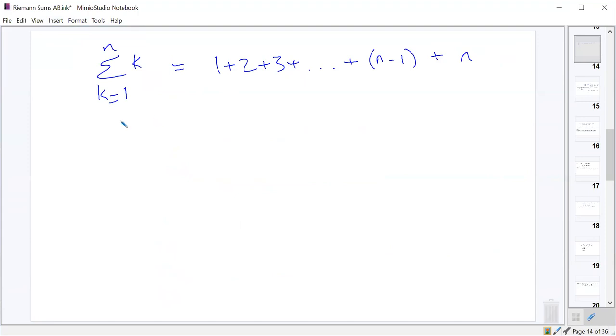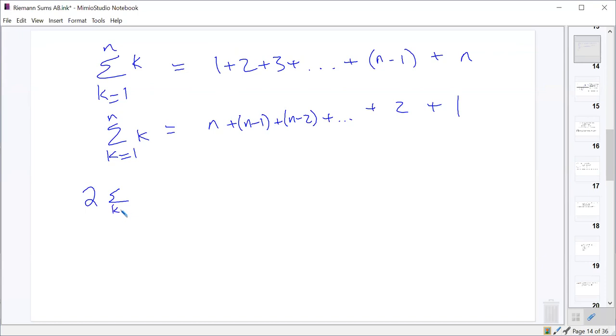We'd say that this summation could also be equal to n plus n minus 1 plus n minus 2 plus all the way down to 2 plus 1. And when we combine these together, we'd see that each of these terms was an n plus 1 term.